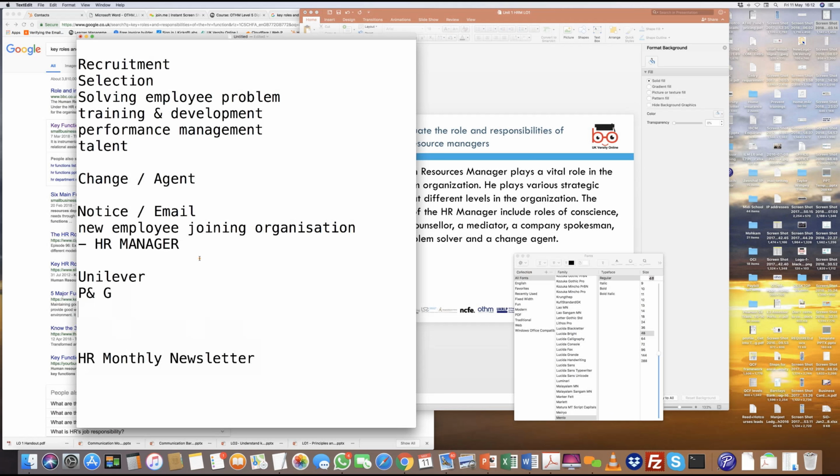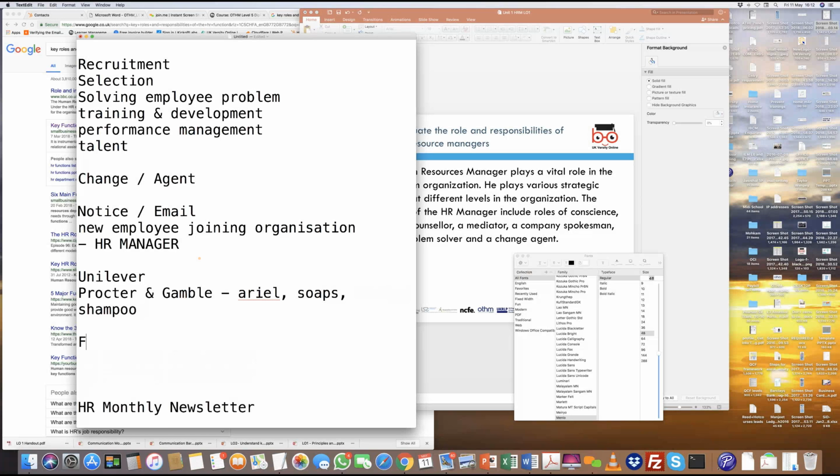No. Okay. Procter and Gamble. So P&G is Procter and Gamble. Procter and Gamble produce things like detergents, soaps, shampoos. So they are very big. Both of these are very big FMCG organizations or companies, fast-moving consumer goods organizations.